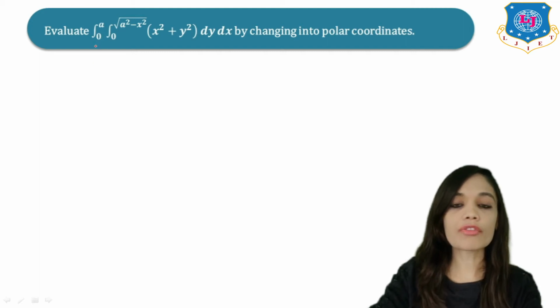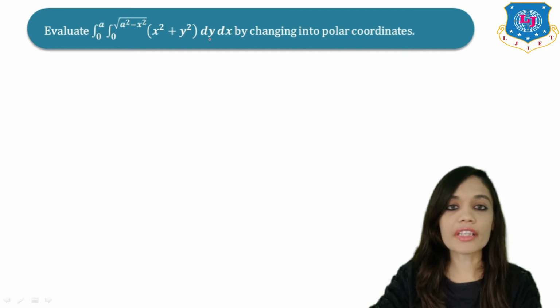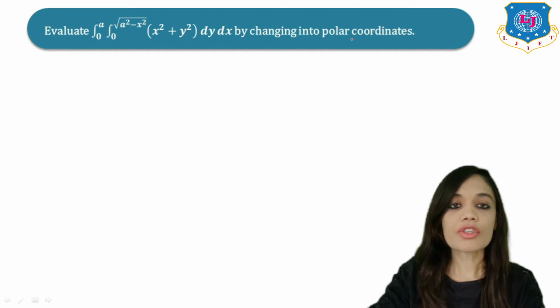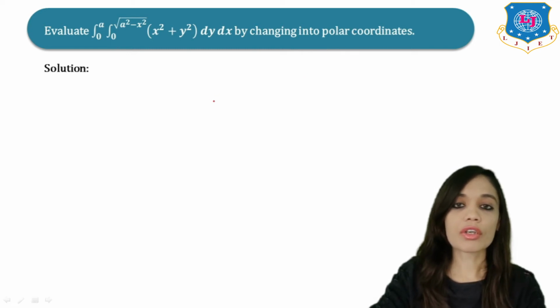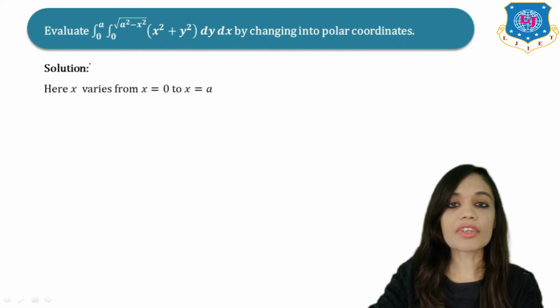Here we have to evaluate the double integration from 0 to a, 0 to square root of a square minus x square, of x square plus y square dy dx, by changing into polar coordinates. So here we must change the given question into r and theta form. Let us start with the solution. Firstly, we will write our given limits.